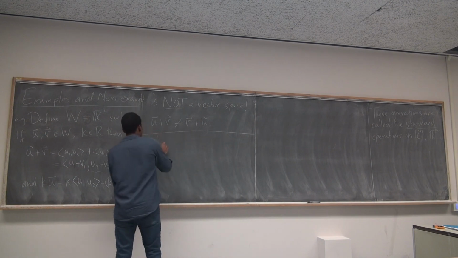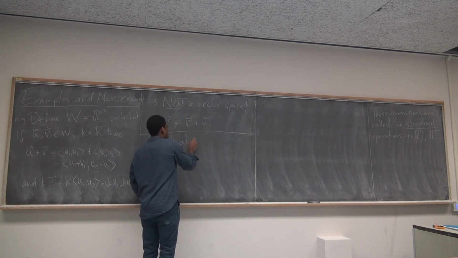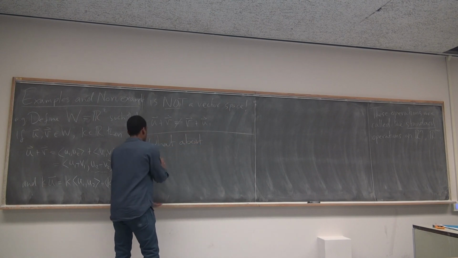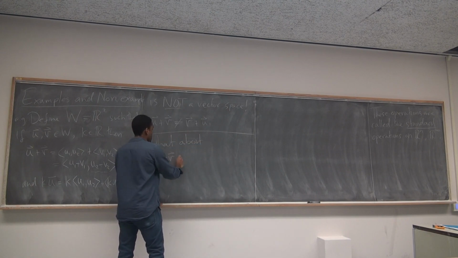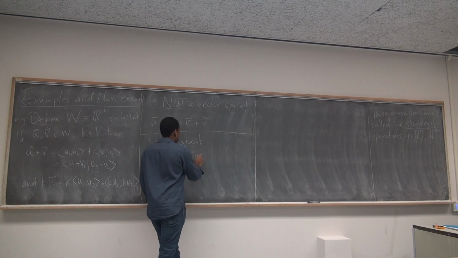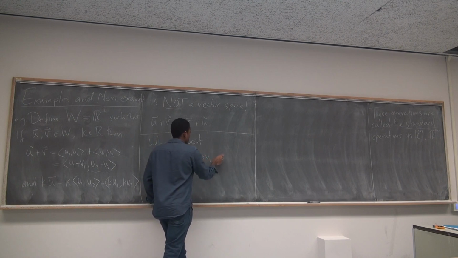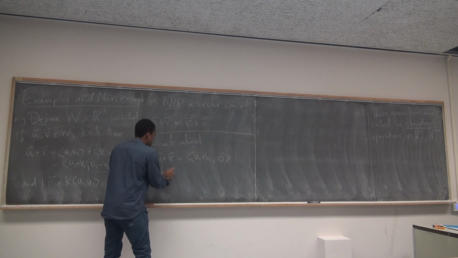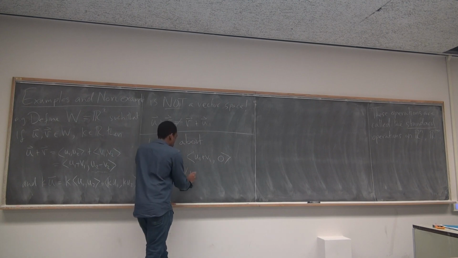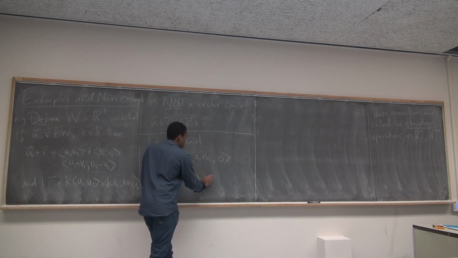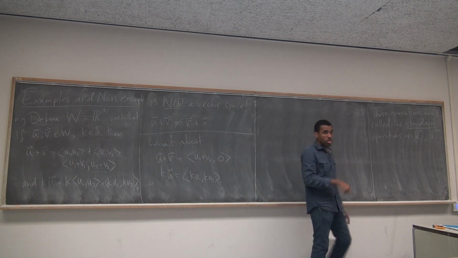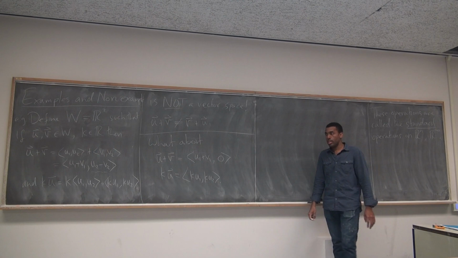What about if I define u plus v to be equal to u1 plus v1, comma 0? Scalar multiplication K u is the normal operation, Ku1, Ku2. Is that a vector space, if I define my addition that way?